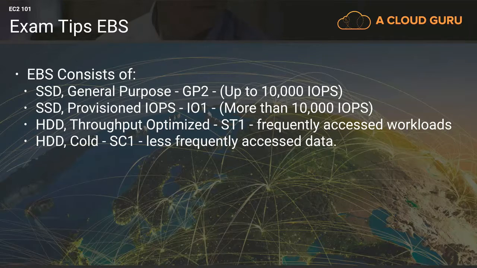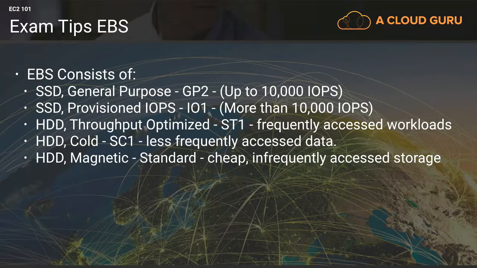Remember that the boot volumes can only be SSD general purpose or SSD provisioned IOPS. You can't have a boot volume using throughput optimized or using SC1, so hard disk drive cold. But you can use hard disk drive magnetic standard, and this is basically for cheap, infrequently accessed storage, but you can also have that as a bootable volume, and that's the only magnetic volume that is bootable.